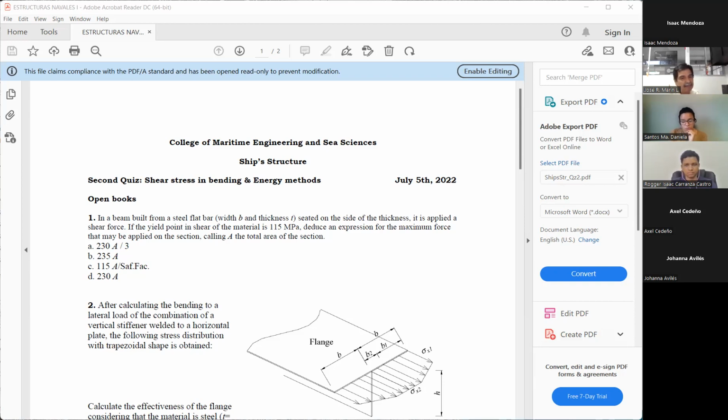Doctor, in my correction, I did the procedure that you told us, with the formula of the shear stress in the neutral axis, and I obtained answer A. Yes, I think that's the correct one. Especially what I said: when you do a test, you don't get 115 megapascals for the yield point.